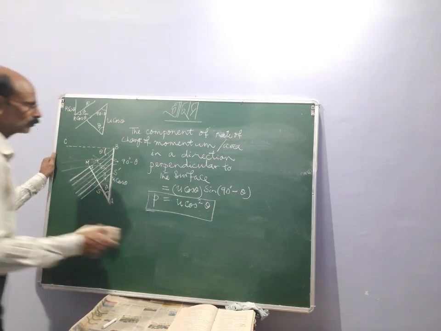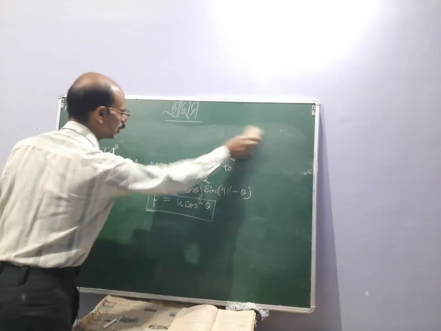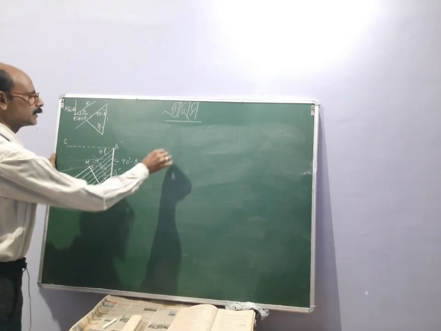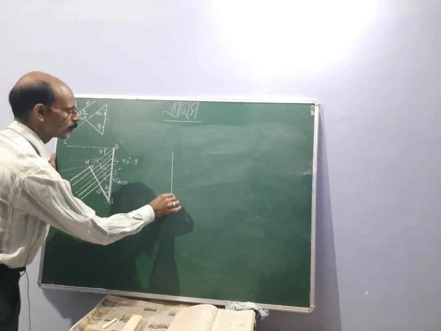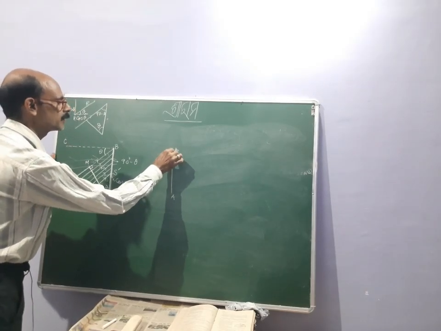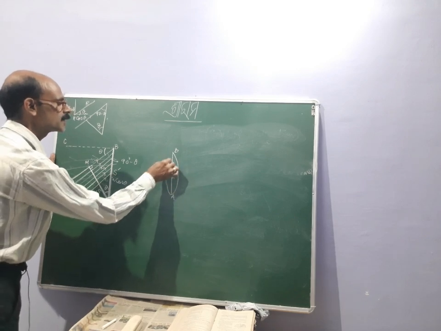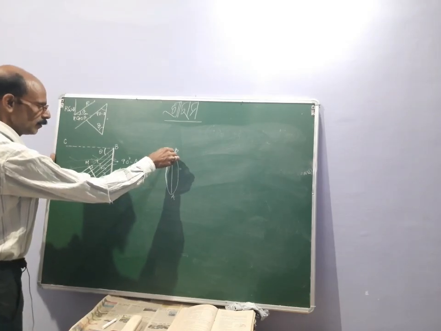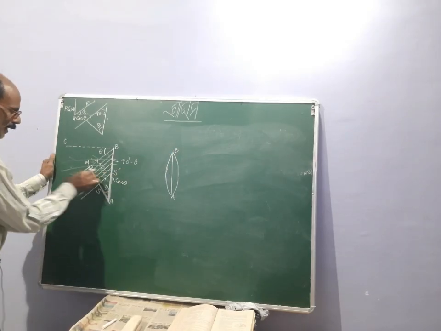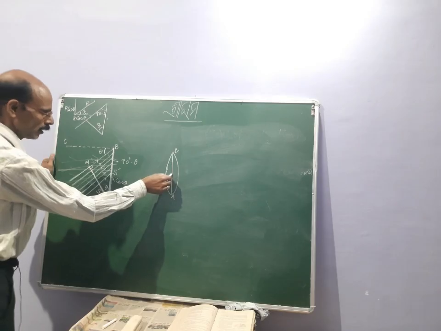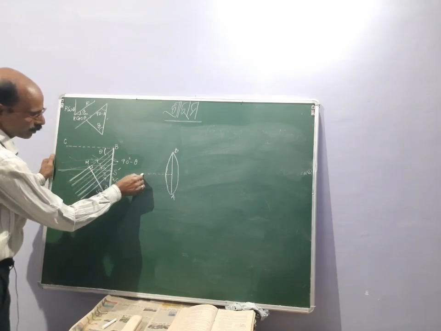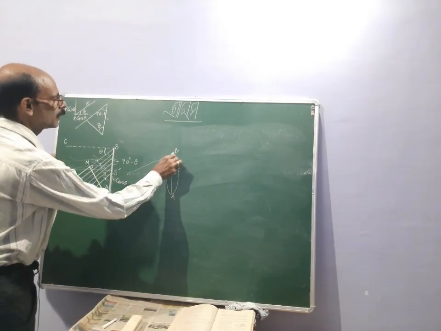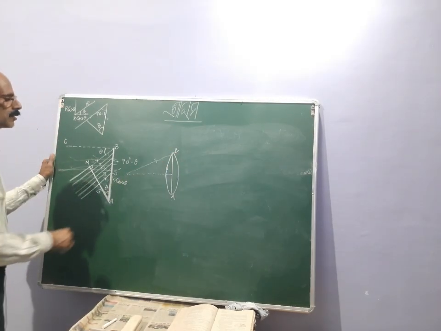See, this is surface AB. For easier explanation, let me draw the surface like this. Now, let me draw a perpendicular to this. Then radiation can move along this.